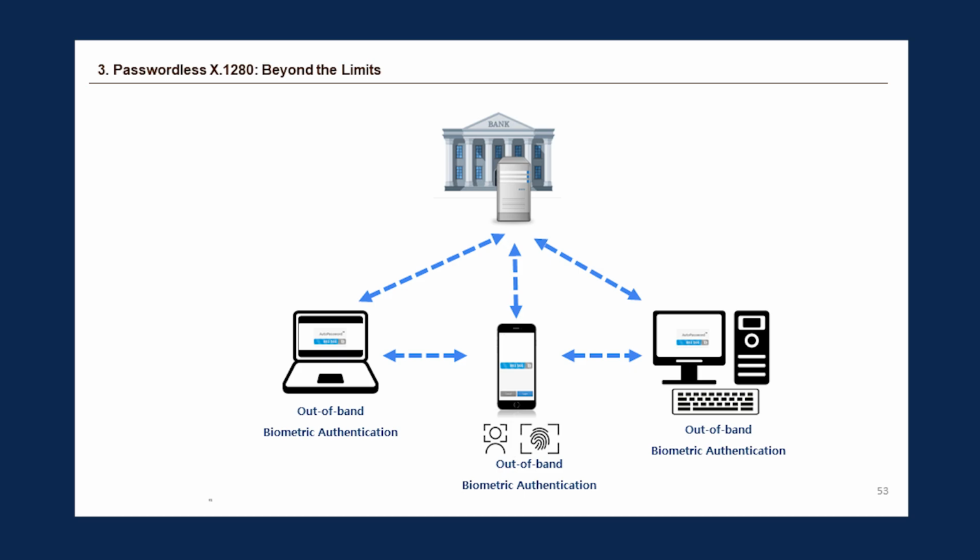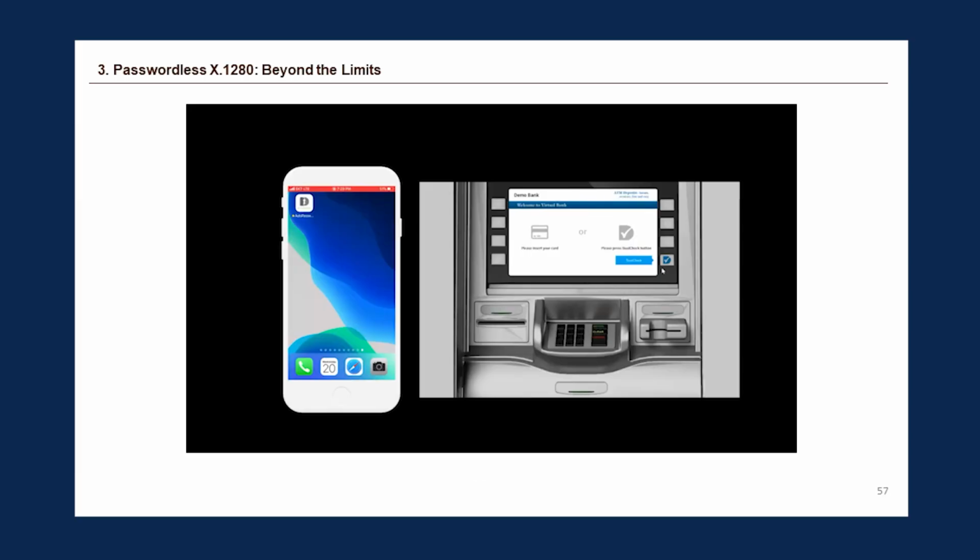By giving your biometrics on your smartphone, you can approve that transaction. So it does not need a biometric sensor added on each of your devices. By using this technology, we can get rid of the PIN code at the ATM.